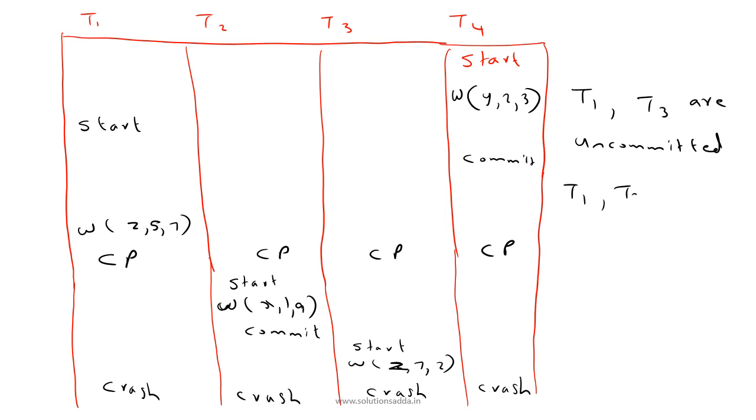T1 and T3 can be undone. Now T2 is committed, but it is after the checkpoint. So it must be redone. T2 is committed, but after checkpoint. So it has to be redone.